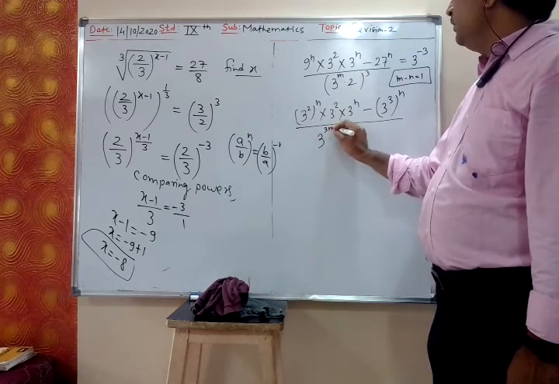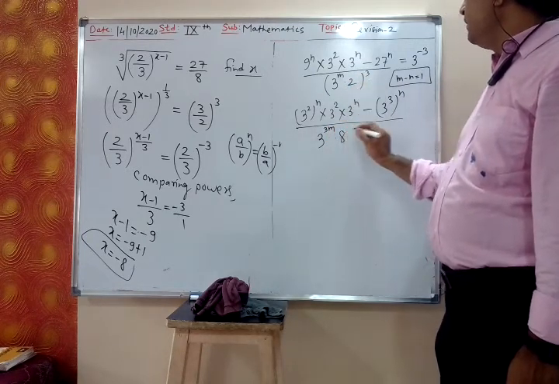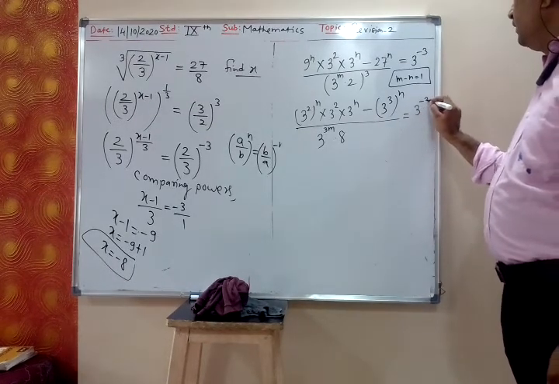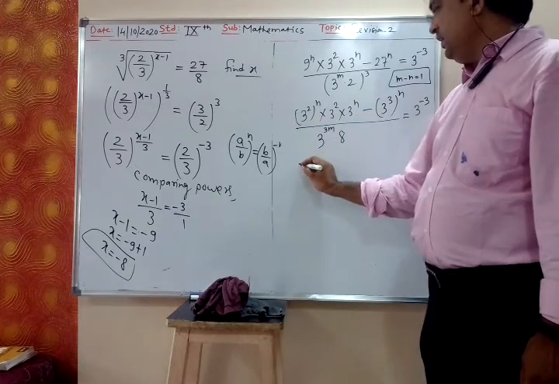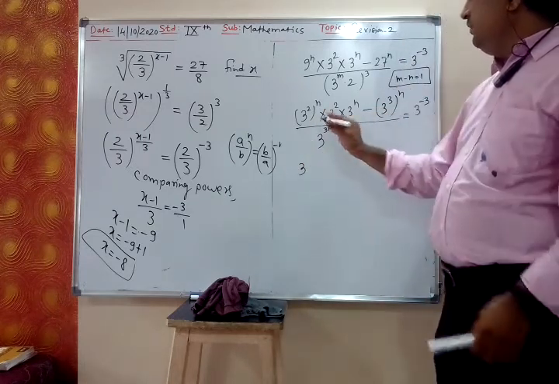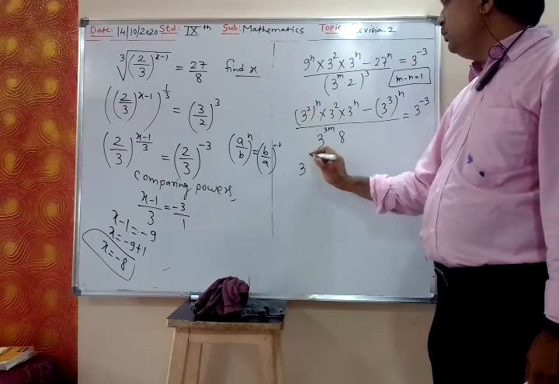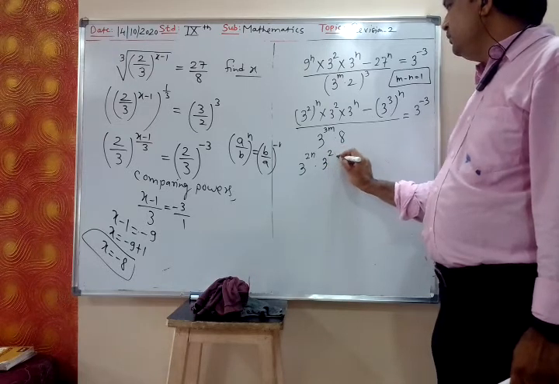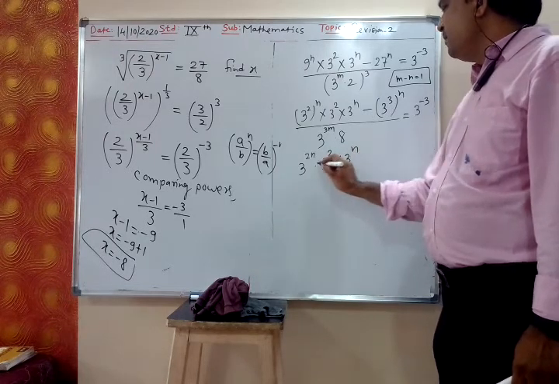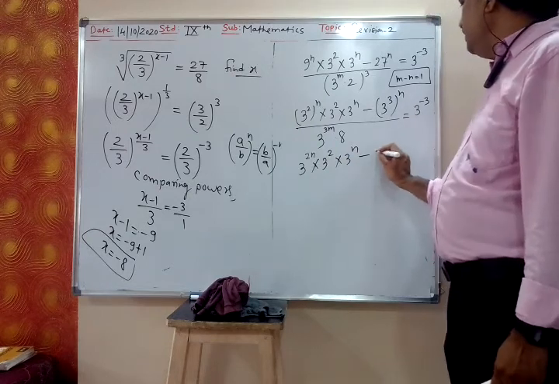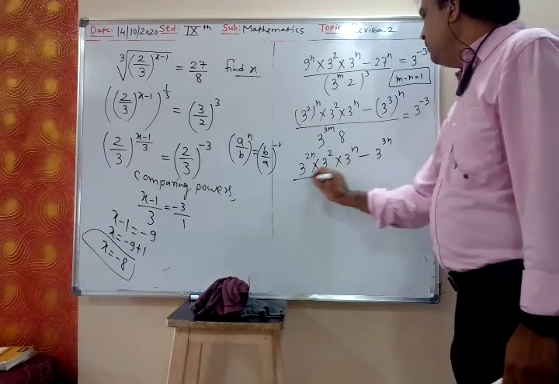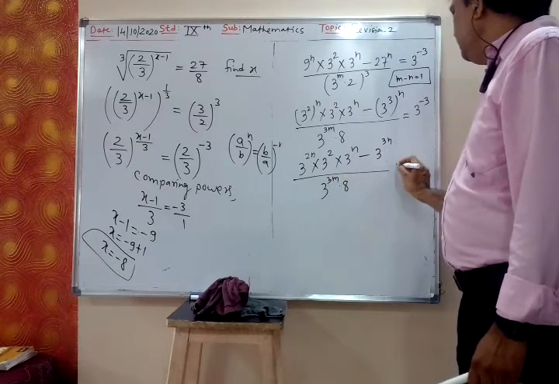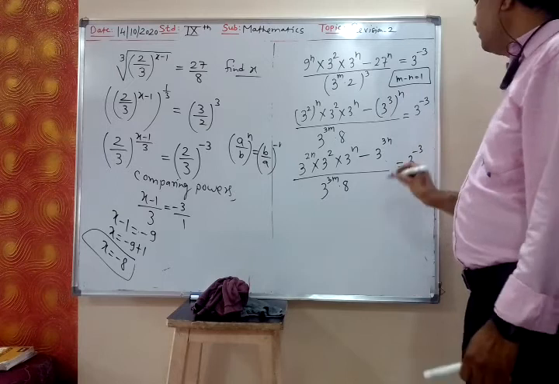So 3m into 2 raised to 3 is 8, is equal to 3 raised to -3. 2 raised to n means 2n. So 3 raised to 2n into 3 raised to 2 into 3 raised to n, minus 3 raised to 3n upon 3 raised to 3m into 8, is equal to 3 raised to -3.